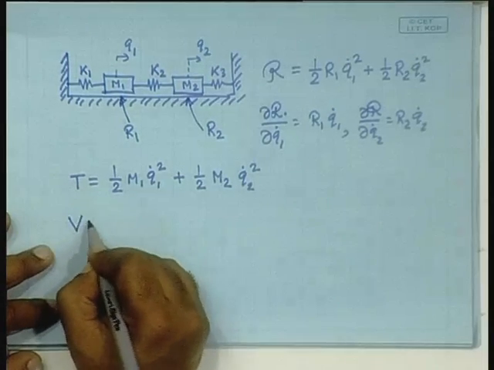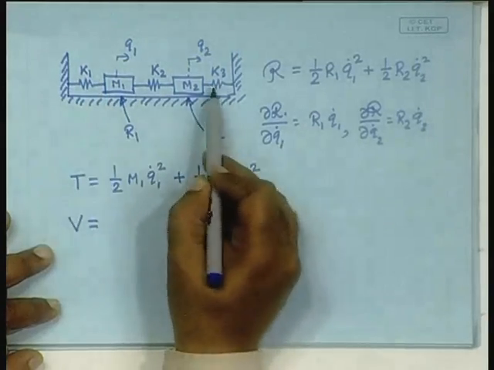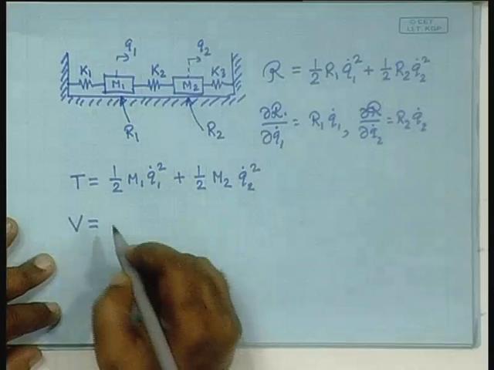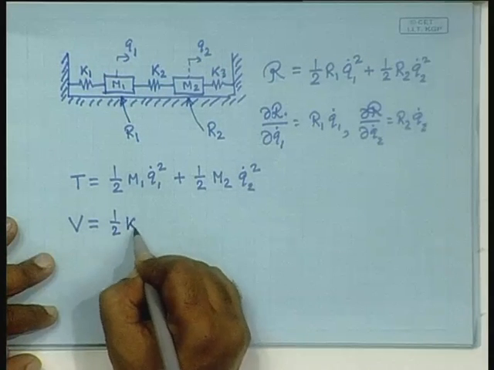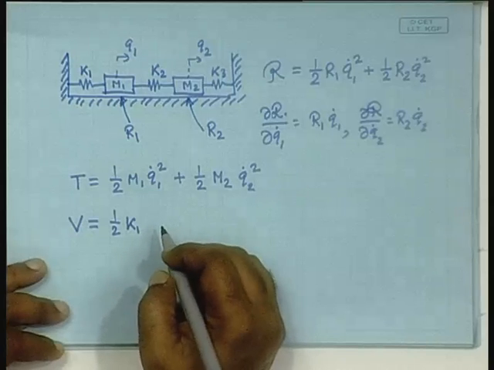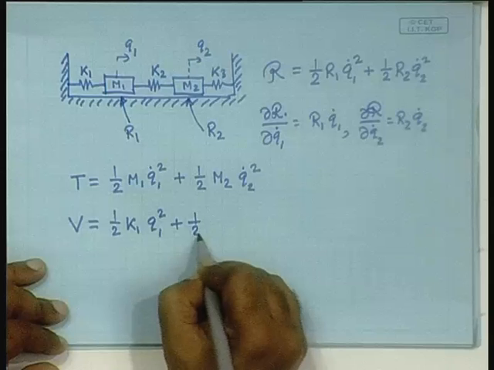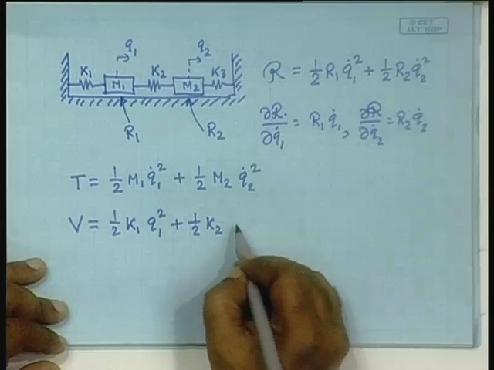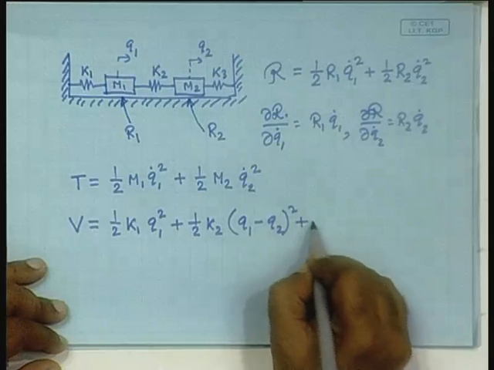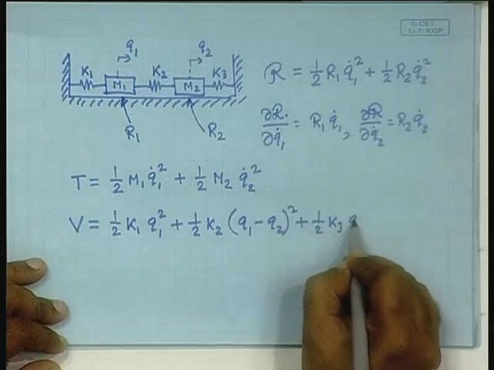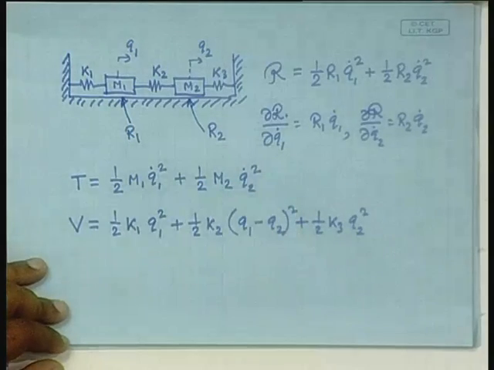The potential energy would be for these three springs, and no gravitational potential. So, it was half k1 q1 square plus half k2 (q1 minus q2) square plus half k3 q2 square. This would be the potentials due to the 3 springs.